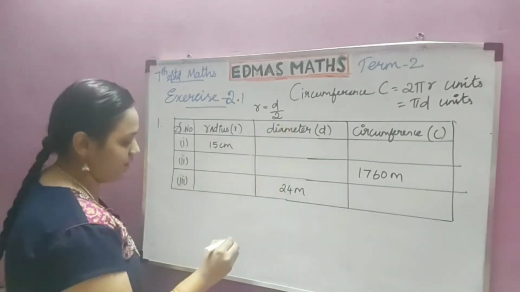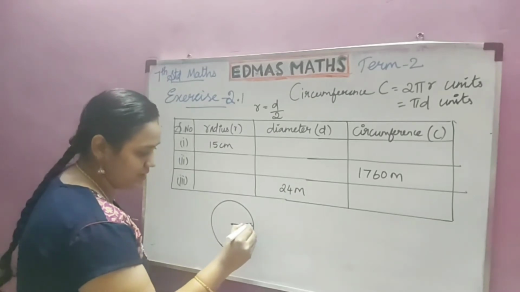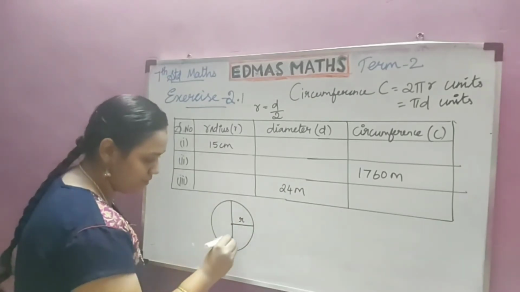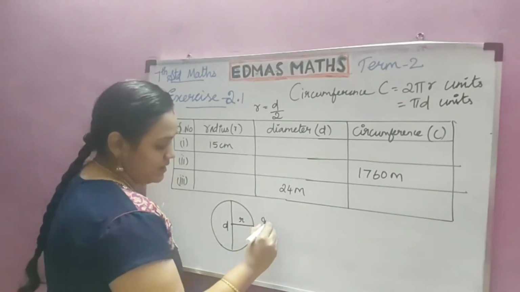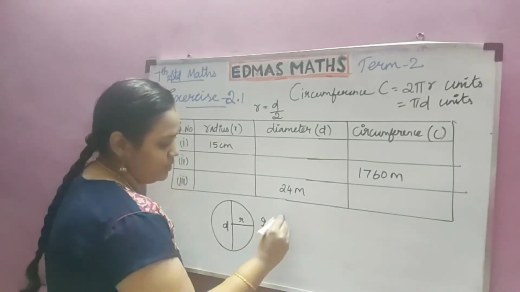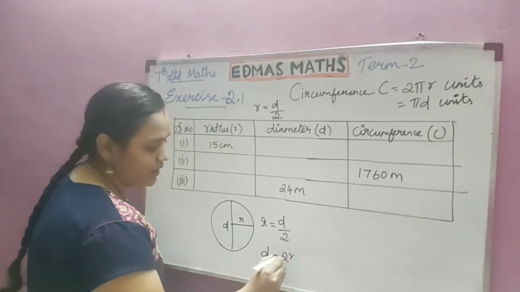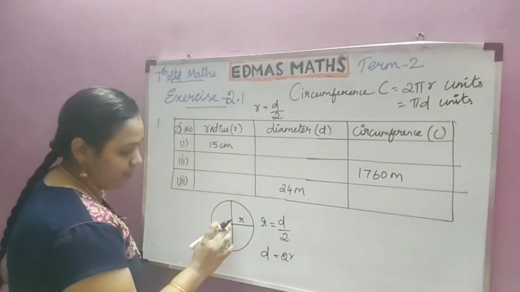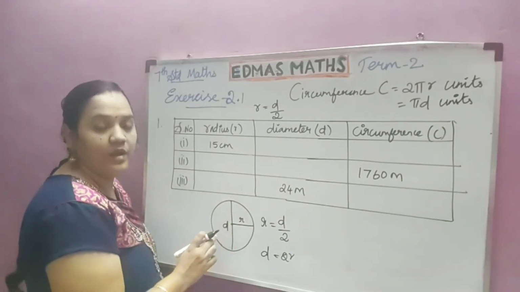See, for a circle, if this is the radius, then this is the diameter. So radius equals d by 2, or we can write diameter equals 2 into radius. If I extend the radius towards this side, that will be your diameter.